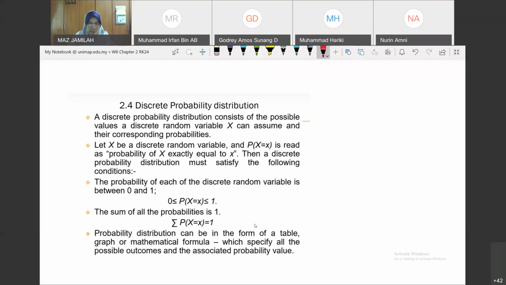But each exact value has its own probability. If x is equal to 0, there will be a probability involved. If x is equal to 1, there will be a certain probability for x equal to 1. The same goes for x equal to 2, x equal to 3, and so on and so forth.